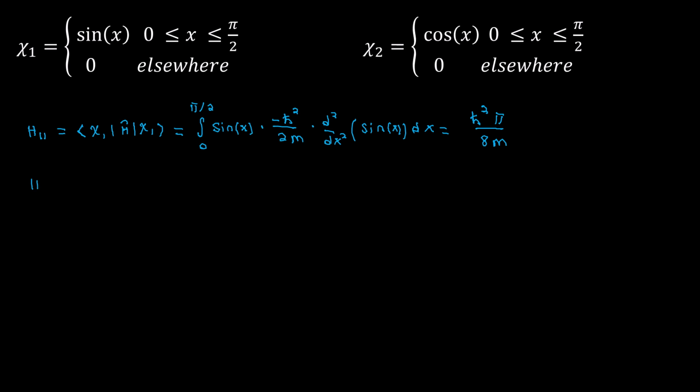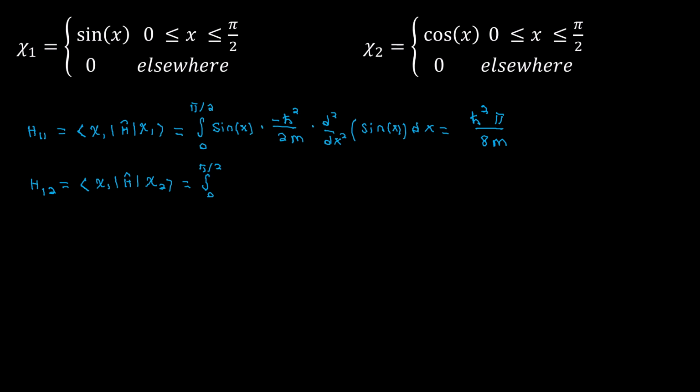Next, we need to find our second element, so row 1, column 2. So that's going to be h12. And in bracket notation, we're going to find this with ⟨chi1|H|chi2⟩. And this is going to be equal to the integral from 0 to pi over 2. Again, these are our bounds because the wave function is 0 outside of this, so we don't need to consider it.